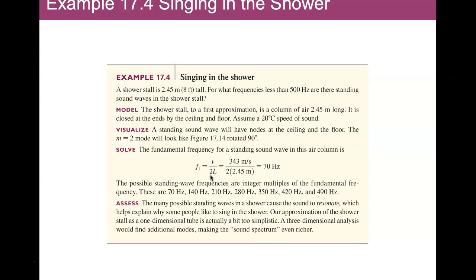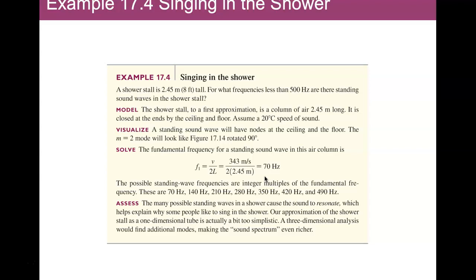It's exactly the same math as standing waves in a string. We know the speed of sound in air at usual temperatures like 20 degrees Celsius is 343 meters per second, divided by 2 divided by the length. So 70 hertz is the fundamental frequency.